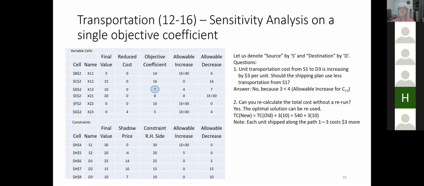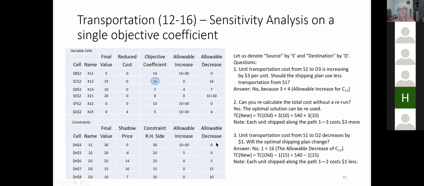And this is one thing I want you to see on the basic, I call it basic, what is a single change. Now I say, here's a different change. The transportation cost from S1 to D2, which is now 16, is dropping to 15. So now you are looking at the allowable decrease, and you see that 1 is well within the range.